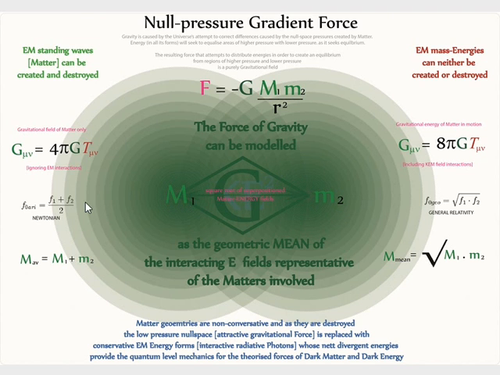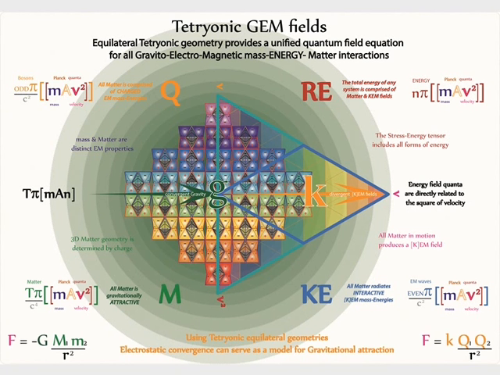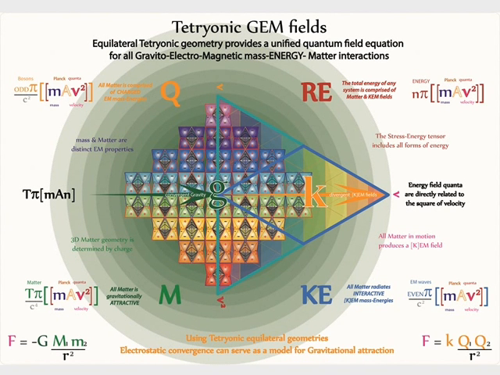We can now distinguish between the mass energy matters that are lumped together in Einstein's stress energy tensor and further explain quantum gravity as opposed to Newton's universal gravity.